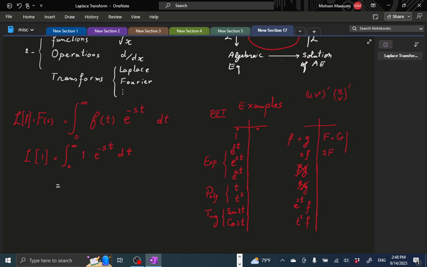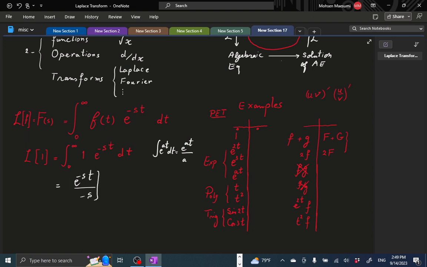Well, as usual, we need some basic integration rules to be able to carry this out, and one of the basic rules is that the integral of exponential of at dt is exponential of at over a. So I have exponential of minus st over minus s. For the sake of this integration, that's supposed to be a constant.